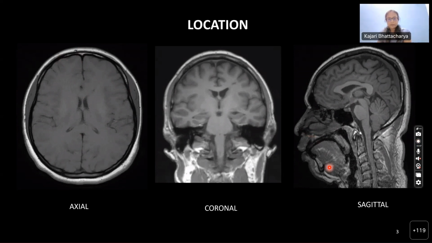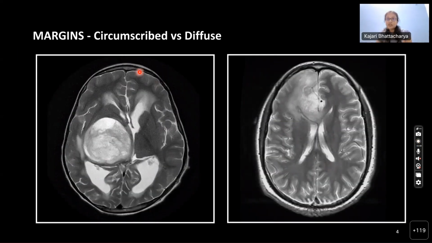Next is the margins of a lesion. Margins of a lesion can be circumscribed or diffuse, and how do we interpret that? Look at this image, we can see there is a lesion which is present in the basal ganglia. It's a very well-defined lesion. How do we say it is well-defined? Because the margin of the lesion is very well delineated from the adjacent normal parenchyma.